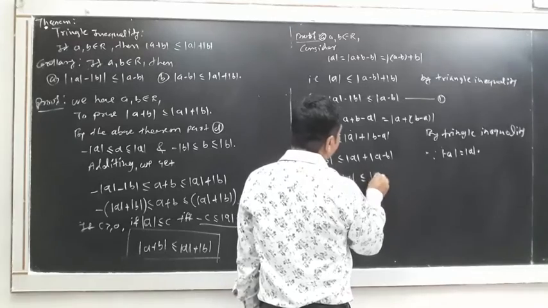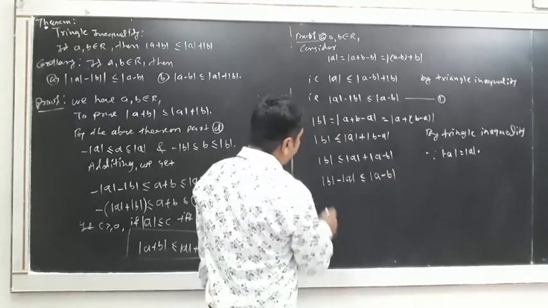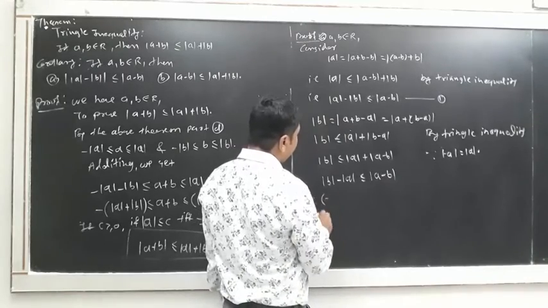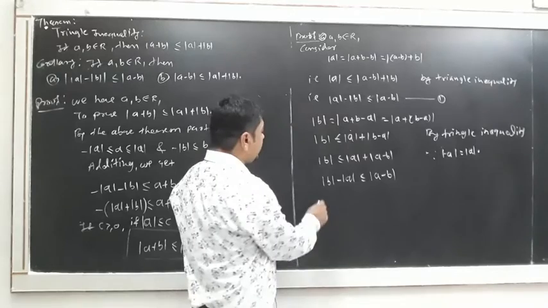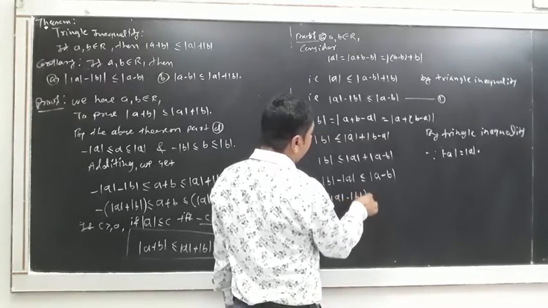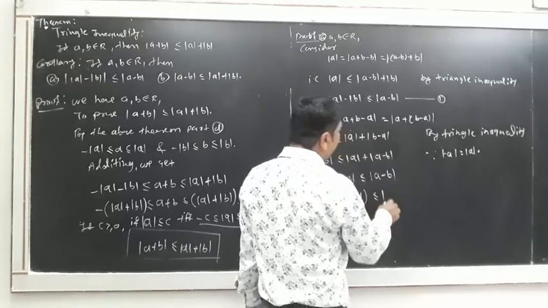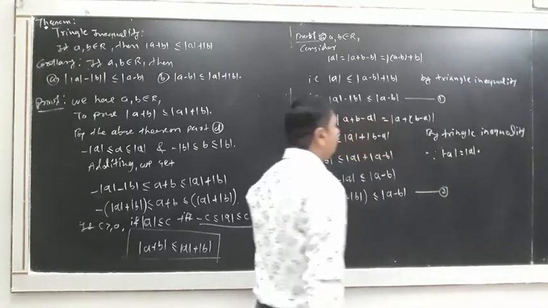Therefore, taking the minus sign common out, |a| - |b| is greater than or equal to minus |a - b|. Say this is equation number 2.